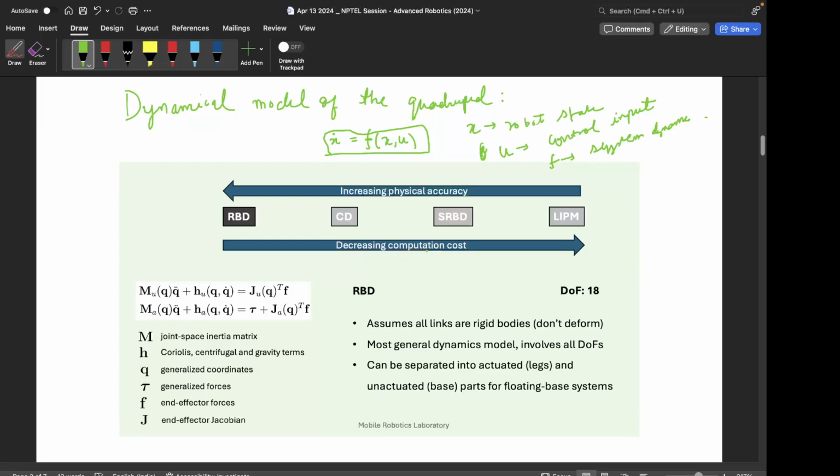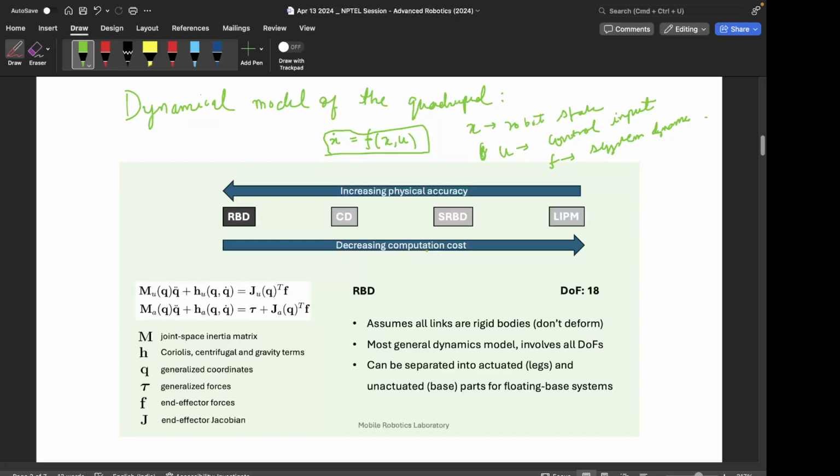So basically the choice of the degrees of freedom included in the state and in the control input defines the complexity of the dynamical model. The dynamical model can be very accurate, but solving it will be computationally costly.